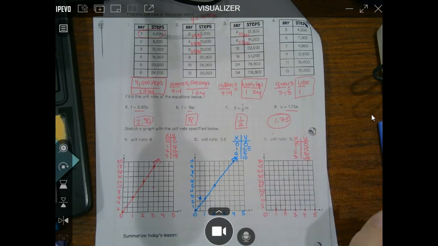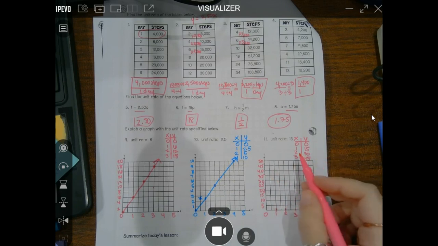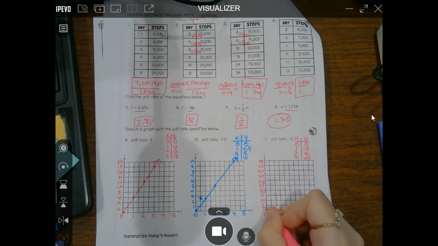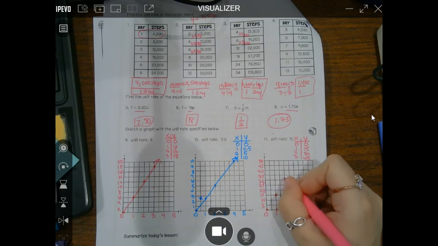That worked perfectly. Now, if for some reason not all of your points are on the graph, as long as you have at least 2 points on the graph, you're okay. But this one, we were able to fit all of them. So over nothing, up nothing. Over 1, up 15. Over 2, up to the 30.